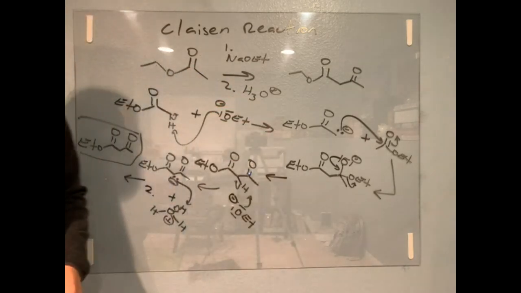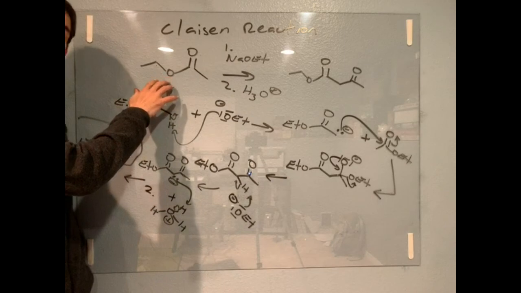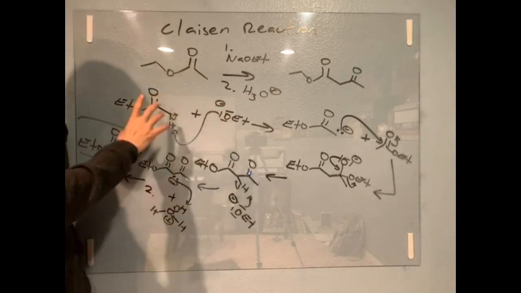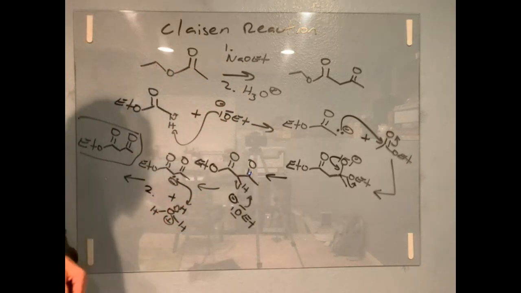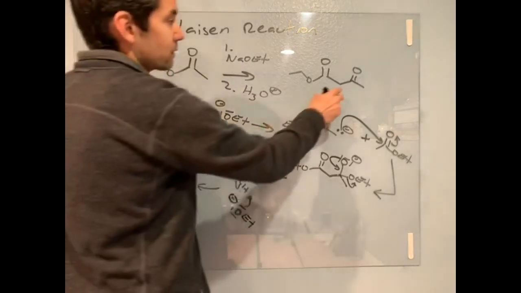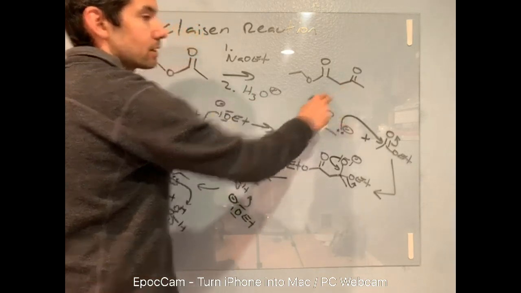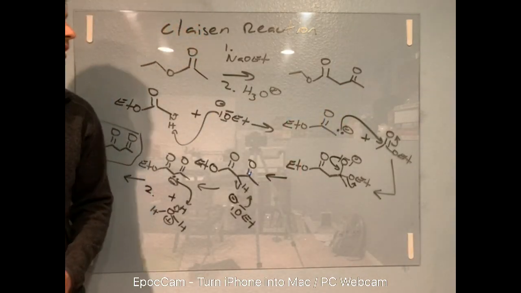And this will be our Claisen reaction. Our Claisen reaction is always going to have an ester. The ester is going to react with another ester or with another carbonyl, okay? The big giveaway for the Claisen reaction is that we're actually adding another carbonyl group on here, right? We're getting another carbonyl group added to our ester. Okay? It's our Claisen reaction.